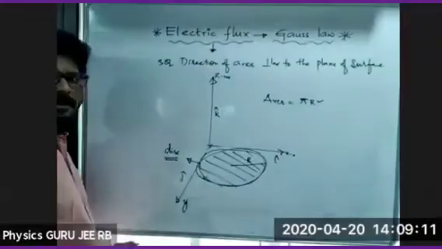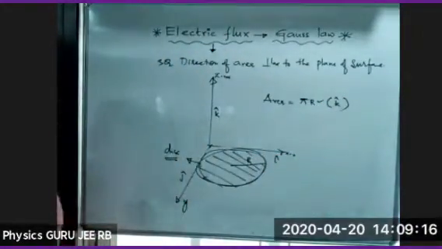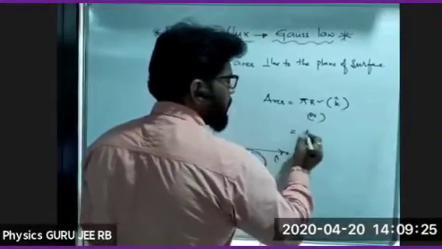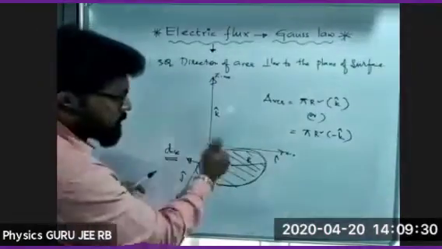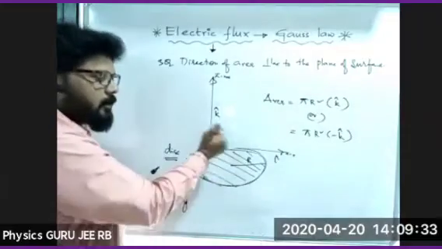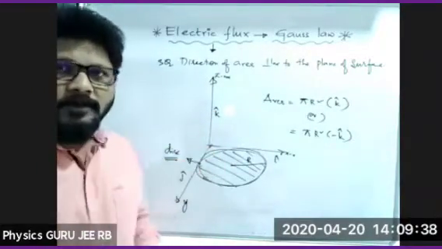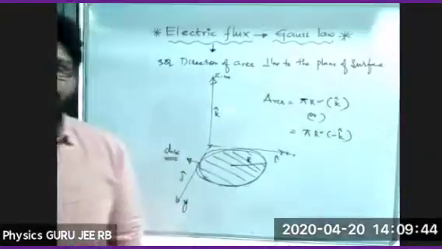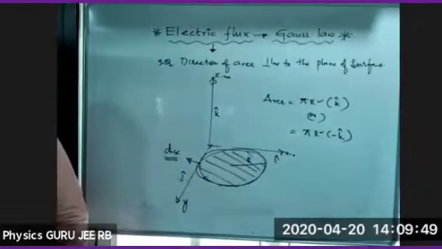K cap, or minus k cap: pi r square into minus k cap. Both possibilities are there, upwards or downwards. Upwards if you are rotating anti-clockwise, downwards if rotating clockwise. Anything is possible, right? Okay. Done? All of you? Yes, very good.